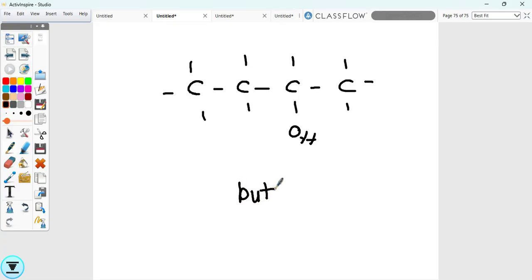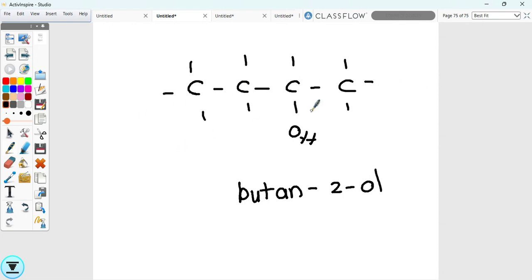Yeah, so you know it's but, and you know it's an because there's only single bonds, and so it's butanol. But remember, you need to tell them where that is. So it's butan-2-ol.